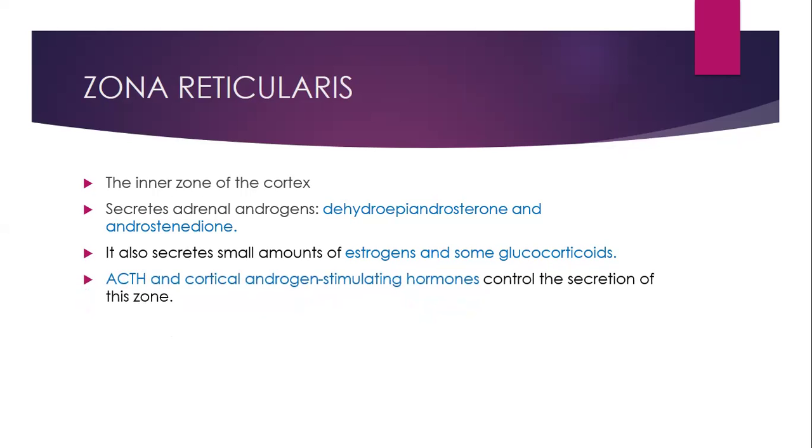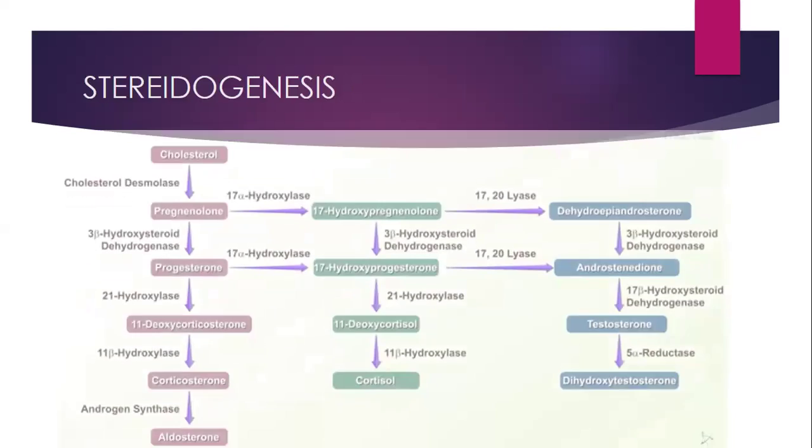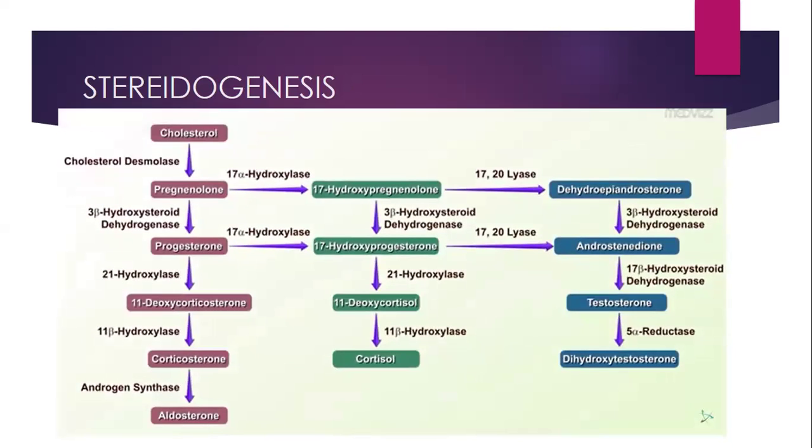So the production of hormones in the zona reticularis is usually under the influence of ACTH, but again, cortical androgen stimulating hormones can also come into play to help in stimulating this particular region to produce the different hormones.